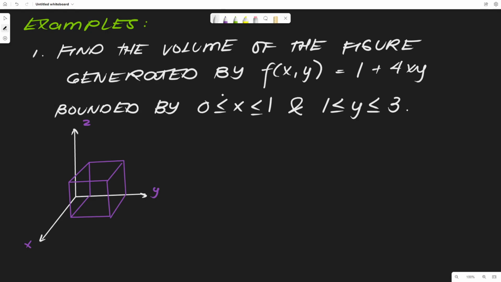Okay, so we have the integral. Actually, kayo bahala kung paano niyo siya una iso-solve. It will still arrive with the same number. Pero for the sake of uniformity, lagi mauuna si dy.